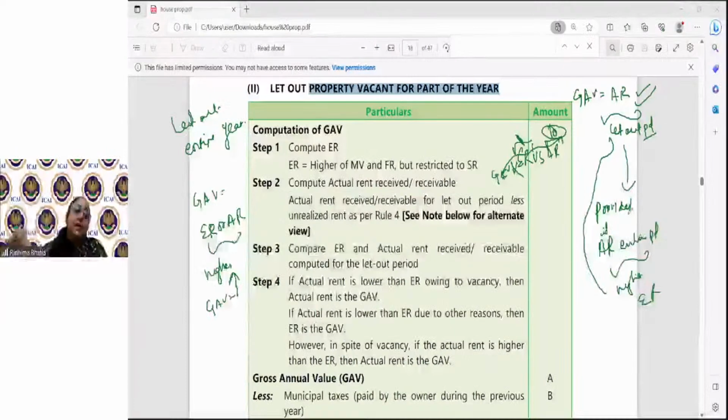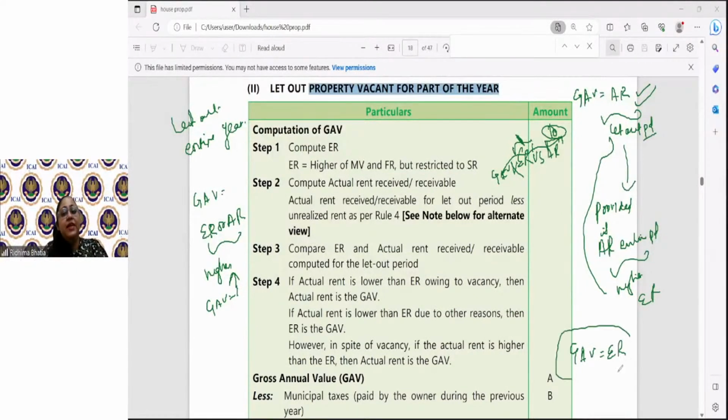But एक case वैसा भी हो सकता है कि where expected rent would have been higher even if actual rent would have been taken for 12 months. That means चाहे vacancy 1 month का होता, 2 month का होता, 3 months का होता, does not matter, expected rent higher आता ही आता, क्योंकि actual rent अगर मैं पूरे साल का भी ले लूं तब भी expected rent higher आता. तो उस केस में GAV मेरा क्या हो जाएगा? Expected rent.